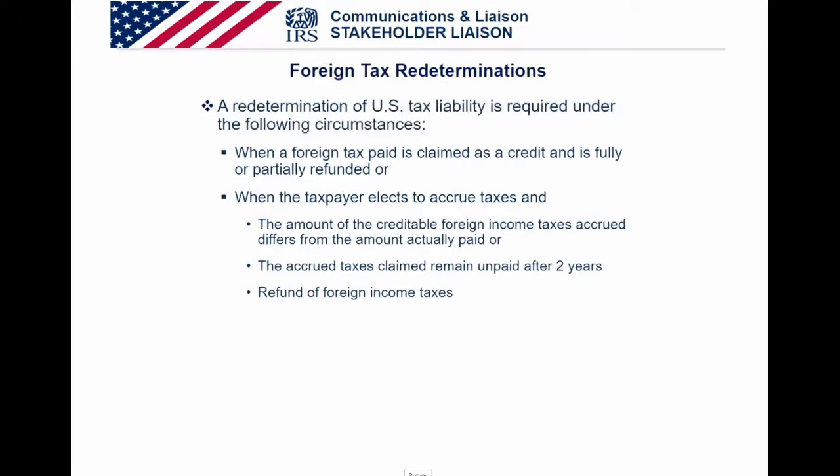If taxes, when paid or later adjusted, differ from the amounts accrued by the taxpayer and claimed as a credit, accrued taxes that are not paid within 2 years after the close of the taxable year to which the taxes relate, or a refund of foreign income taxes.